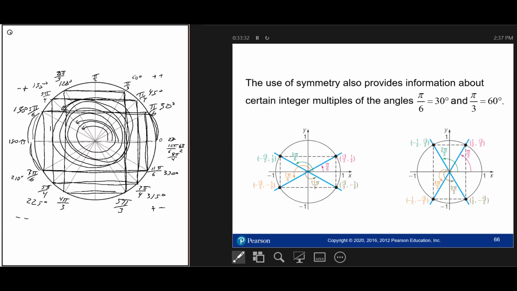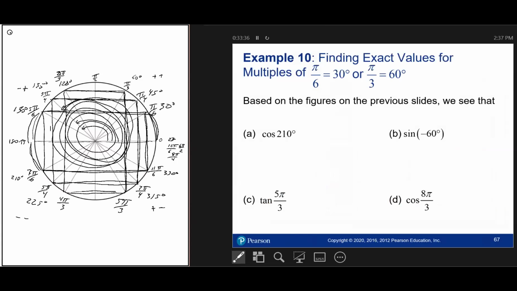Let me go forward. So let me see, like letter D here. We're trying to find the cosine of 8 pi thirds. Well, 8 pi thirds is greater than 2 pi, right? Because 2 pi is 6 pi thirds.